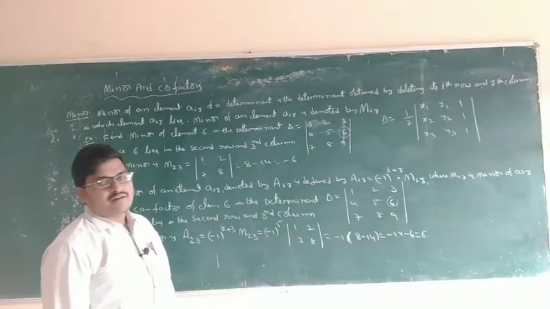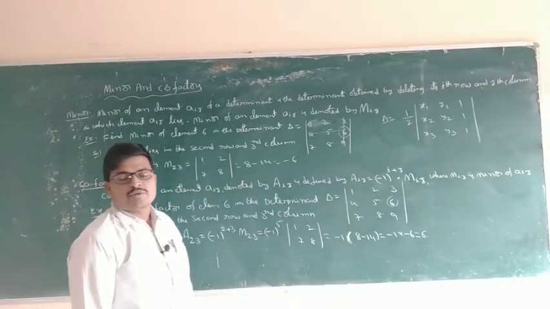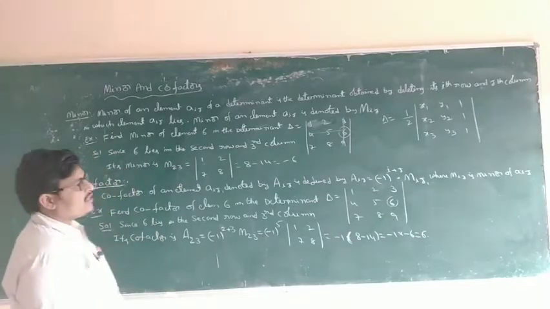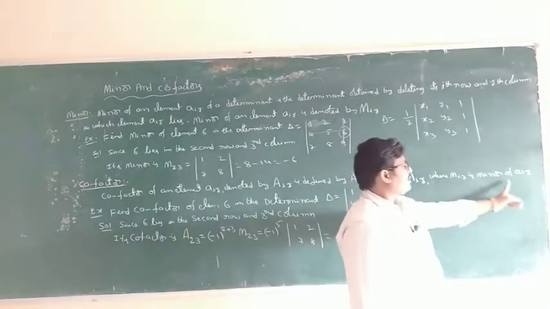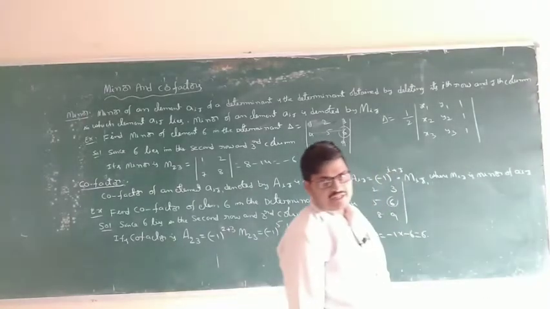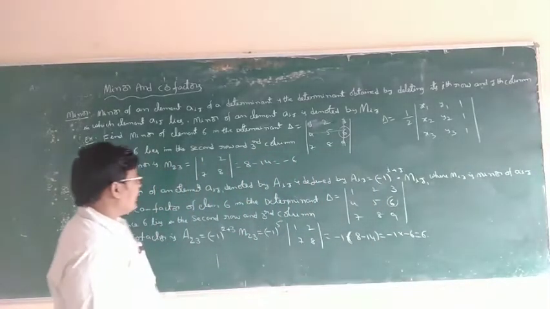So the cofactor Aij is equal to -1 whole power i plus j into Mij, where Mij is the minor of small aij.